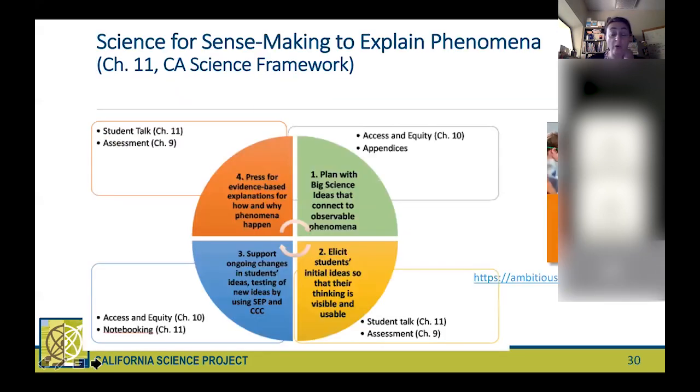All right, so one thing that should be clear when we are looking at the California NGSS is that we cannot just step into our classroom and do NGSS like it's easy.